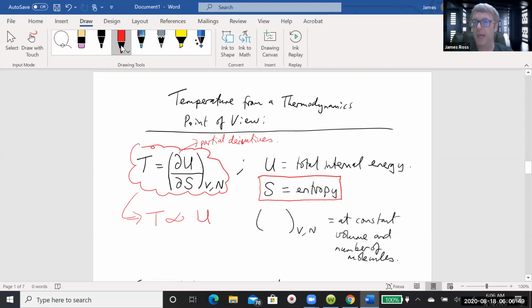This is not kinetic energy, but it's proportional to kinetic energy. So in total internal energy is proportional to kinetic energy. We'll see in a future video, but we've also seen in this video the temperature is proportional to kinetic energy. So that's nothing new, but what on earth is this thing called entropy? So that's where I want to spend a few minutes just discussing.